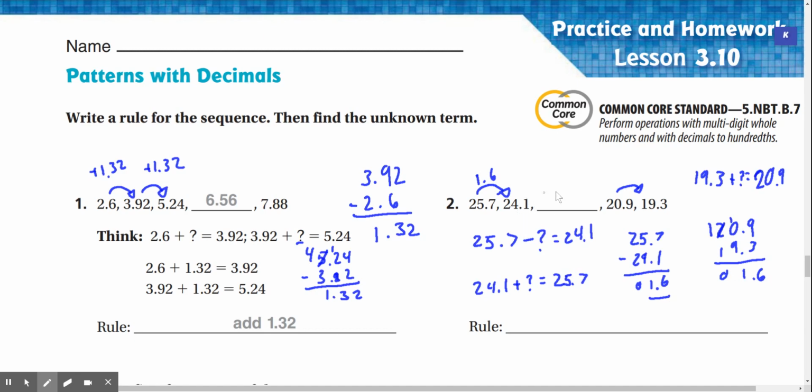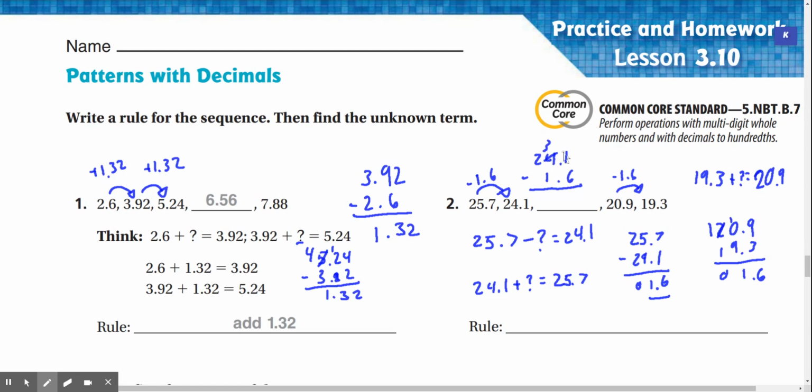Now it wants us to find this missing number. And so we have 24.1. Now we're going to have to subtract. So this is a minus 1.6. And same over here. So we're going to subtract 1.6 from 24.1. So 24.1 minus 1.6. Like so. Can't subtract 1 from 6. We're going to regroup.